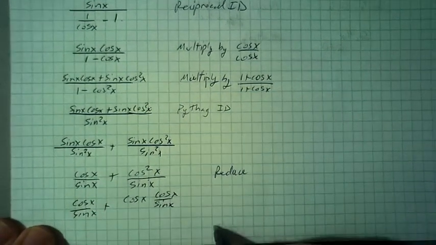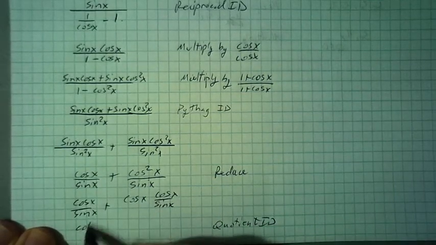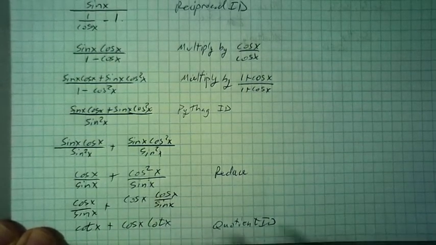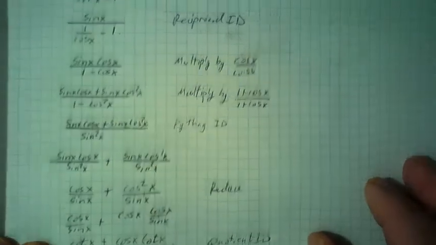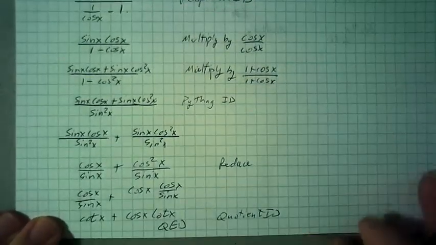Which gives me, by the quotient identity, cotangent plus cosine times cotangent, which is where I was going. Yeah, I really should have started with multiplying by secant plus 1. We got there. Turns out there's several ways to solve most of these. I kind of want to do that one backwards. If anybody wants to see it backwards, let me know. Maybe I'll do it. Next example.